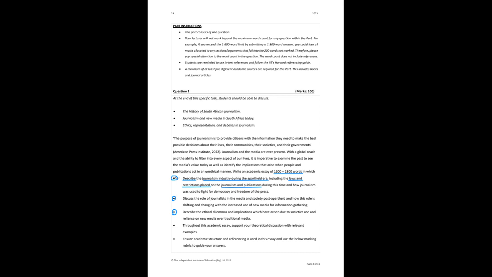Then I would do another paragraph speaking to how the media fought back against the apartheid regime, so the black and alternative press, publications such as Drum and what have you. I would split those two up. If you blend those together into one big thing, for one, it's going to be too long. For two, it's going to get clumsy, cluttered, and difficult to follow. So it's better to split those two sections up.